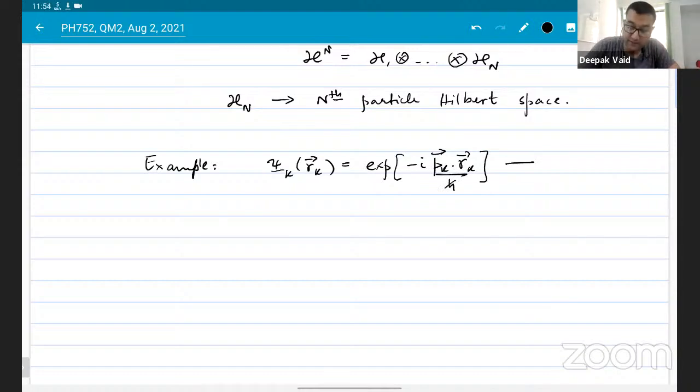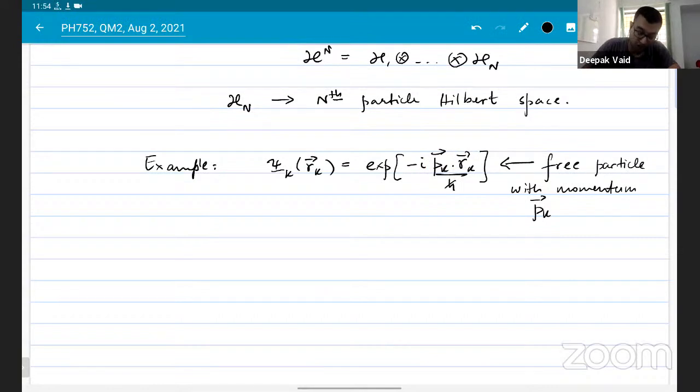So this is the simplest single particle state for a free particle, right? In the continuum. So this is a free particle. And what is the momentum of this free particle? The momentum is just pk, right? Just these numbers.